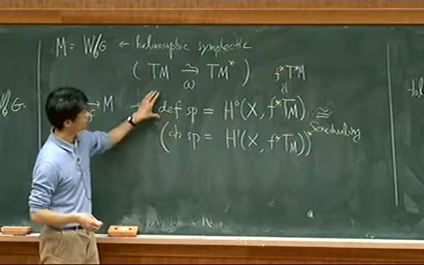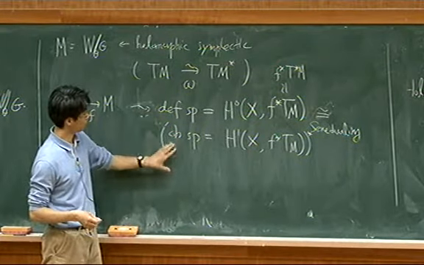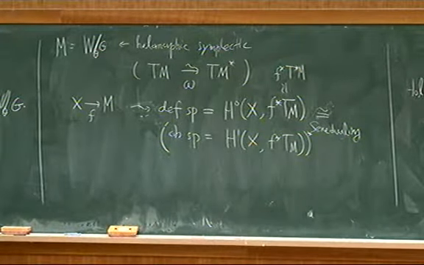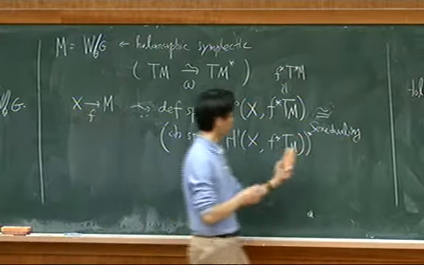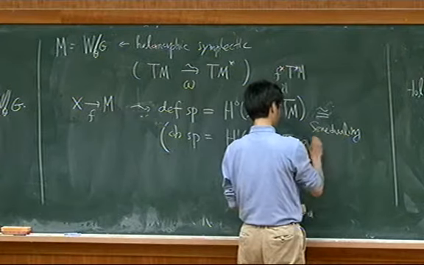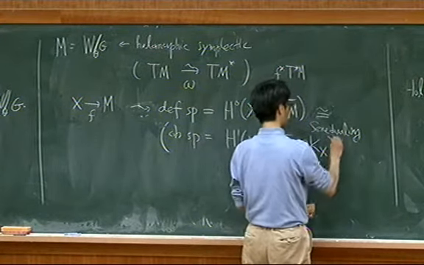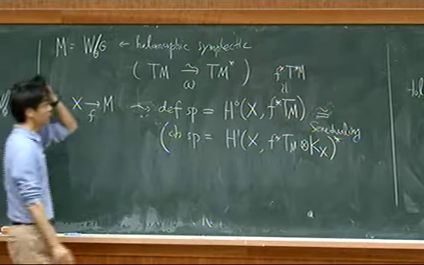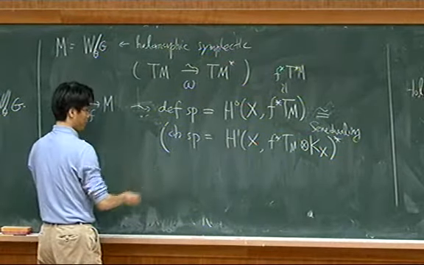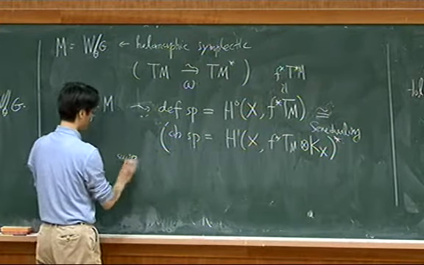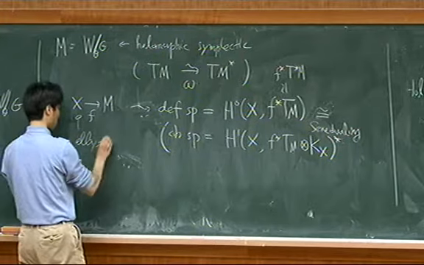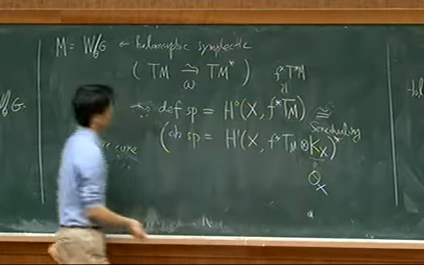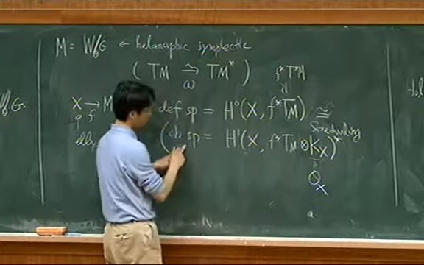So this deformation space is isomorphic to the dual of the obstruction space by Serre duality, after tensoring with the canonical line bundle of X. Suppose X is elliptic. Then the canonical bundle is just trivial, so that this space is exactly the obstruction space.